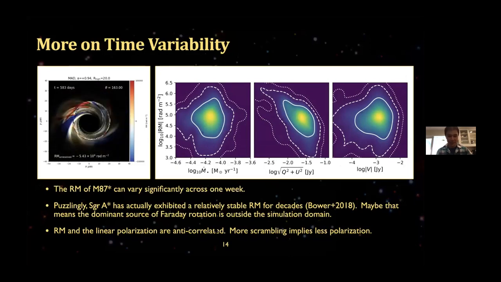More Faraday rotation is going to cause more scrambling, so less linear polarization, and then also a greater amount of rotation measure. And no clear correlation with the circular here. That's because circular is created by a separate process, Faraday conversion. Qualitatively, this matches what has been seen for Sagittarius A* over the years, although this isn't an M87 model.